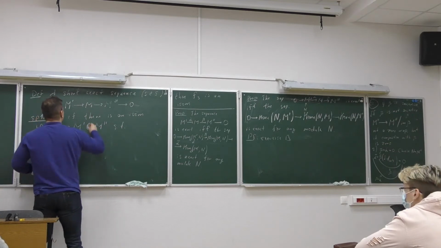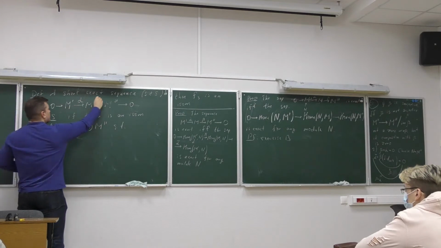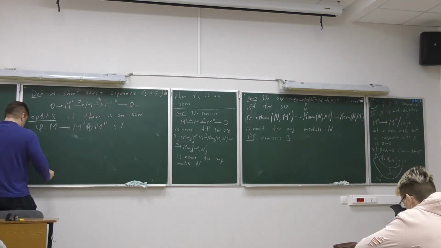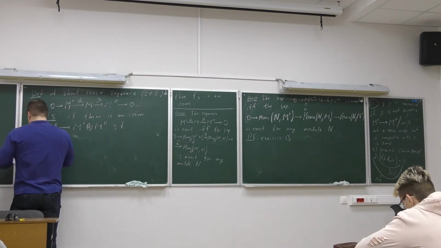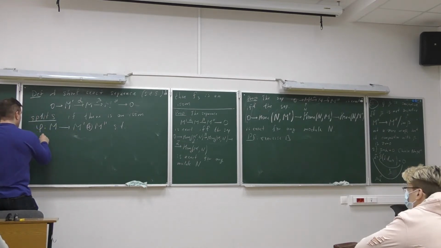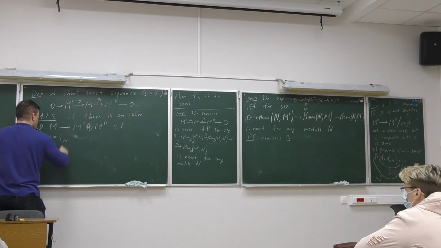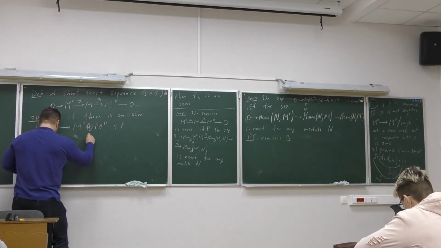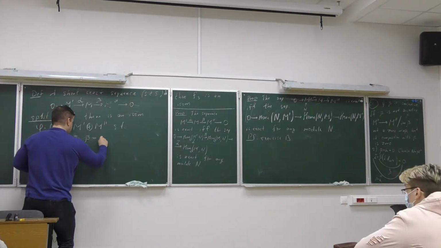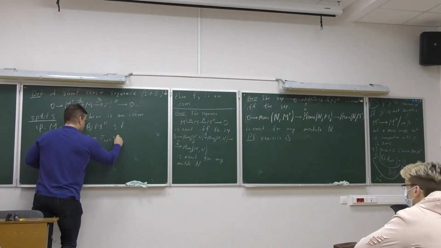To write these conditions I need names for the maps in the exact sequence, so let's call them alpha and beta. The composition of phi and alpha is the canonical embedding of M prime into the direct sum, and beta is the composition of the canonical projection onto M double prime with the map phi.